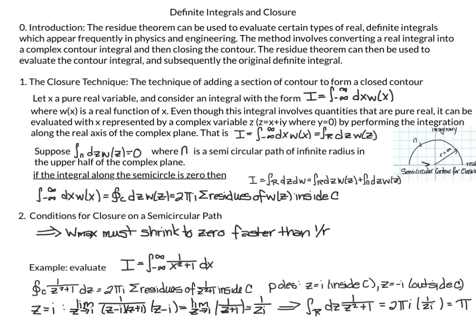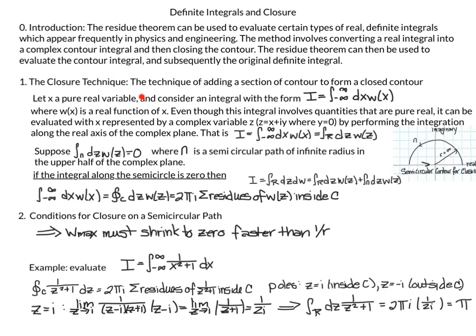To review what we have covered in this video, we use the residue theorem to evaluate integrals of real variables with real valued functions, which often appear in physics and engineering. This method involves converting a real integral into a complex contour integral, then closing the contour so we can apply the residue theorem.